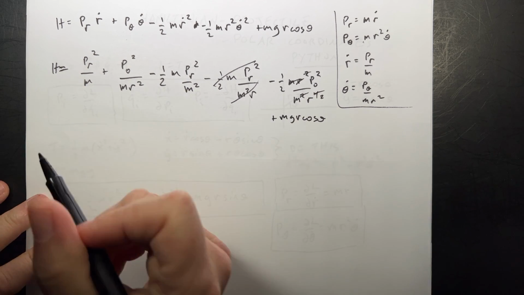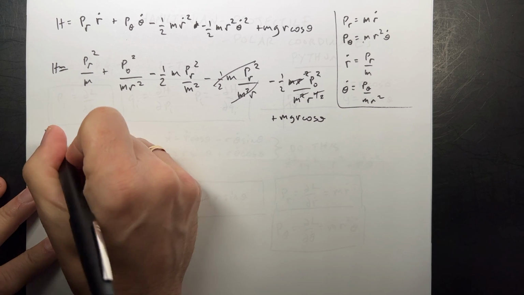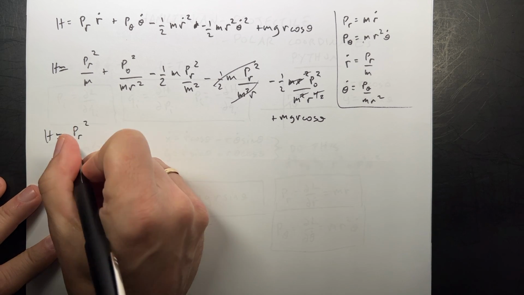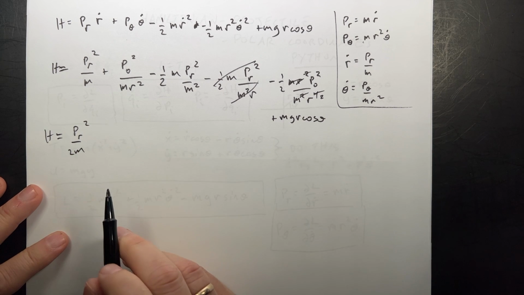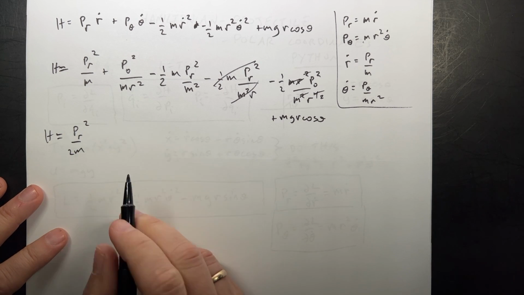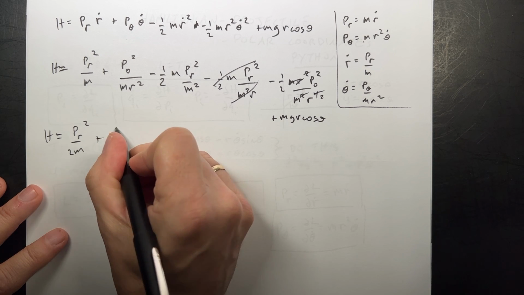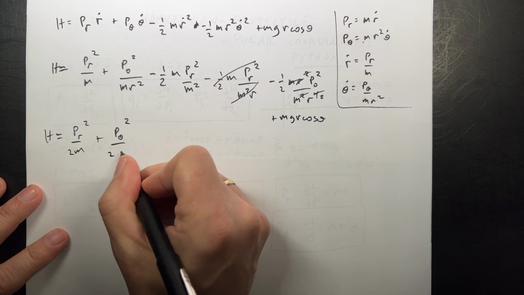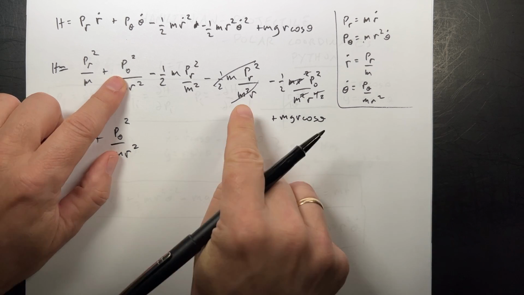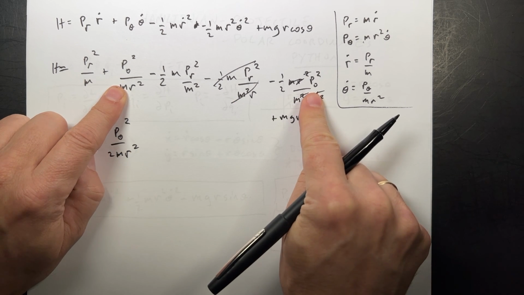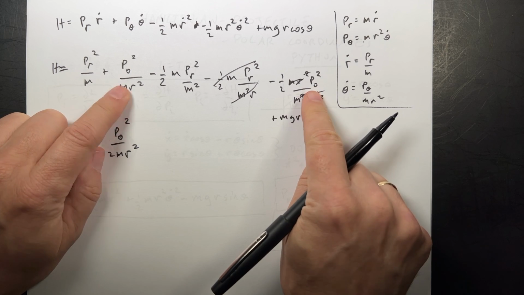So I can combine those two together, and I get H equals p r squared over 2m. That is the kinetic energy, p squared over 2m. And then the other term, I'm going to get plus p theta squared over 2 m r squared, right? Combining these two terms, I get the same thing, but with a negative 1/2.